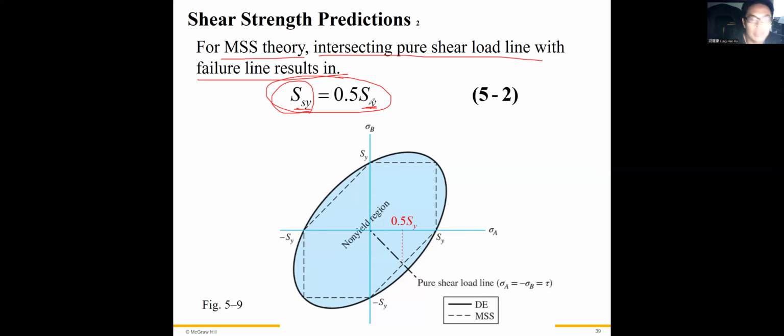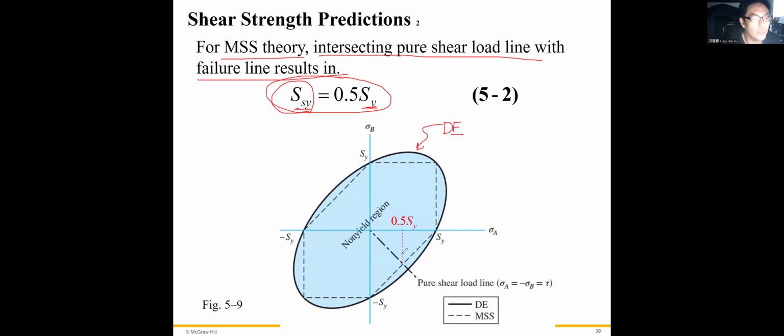Why? Because you can look at the different stress envelopes from the different theories. The ellipse shape defines the distortion energy method, right? The hexagonal shape, the dotted line, is defined by the maximum shear.